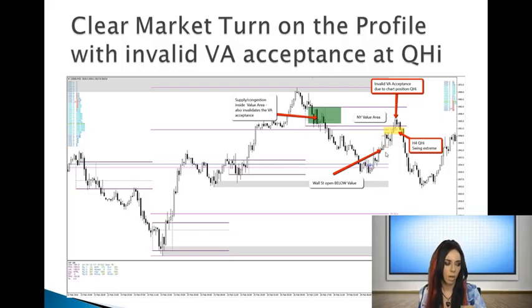Okay, so this is why I say that the profile shouldn't be used for trade locations. So I would be looking for some kind of a congestion. So we have that here, which is inside an H4 Q high. Okay, so we have a swing extreme Q high here, and then we also have a confluence of value area low.